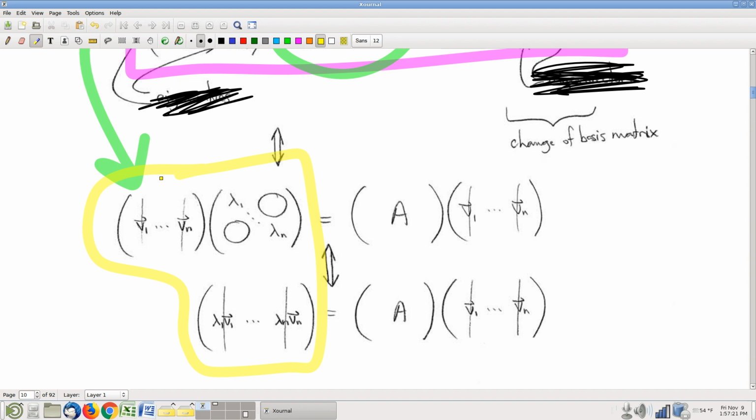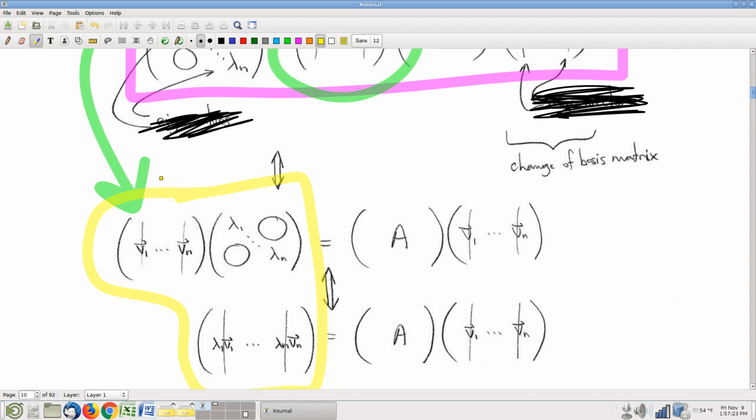Here we have some matrix on the left and a diagonal matrix on the right. A product has columns that are linear combinations of the columns of the matrix on the left, where I use the corresponding columns of the matrix on the right as my coefficients. For example, this right here is that linear combination.